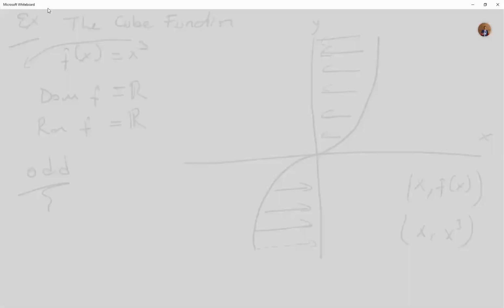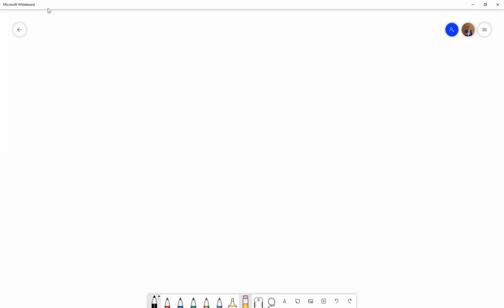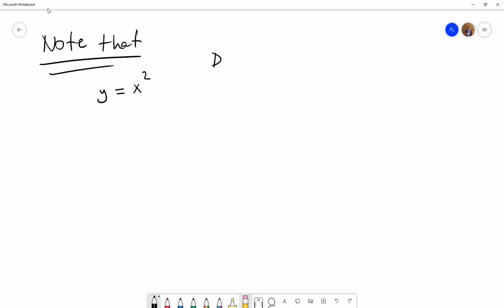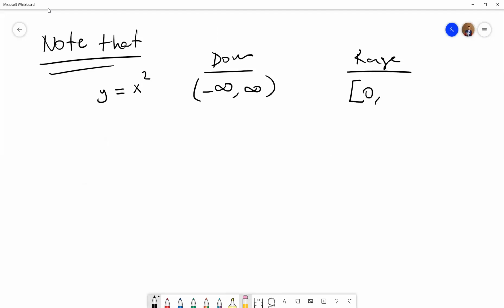By the way, note that in our book we have some examples of range and domains. We also know this: y equals x squared, we write it, but again, domain is minus infinity to plus infinity, and range is from 0, closed end, to infinity, open end.